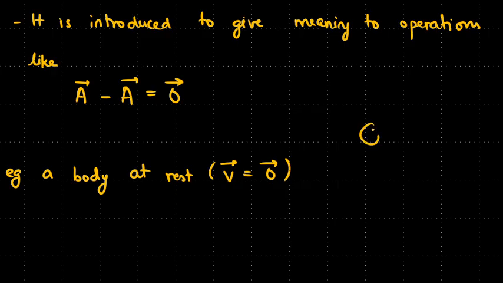Suppose this man is at rest, the direction of his velocity cannot be found, so its direction is arbitrary. And since he's not moving, he does not have a velocity, which means the magnitude will also be 0. So this is where null vectors or zero vectors actually come up.